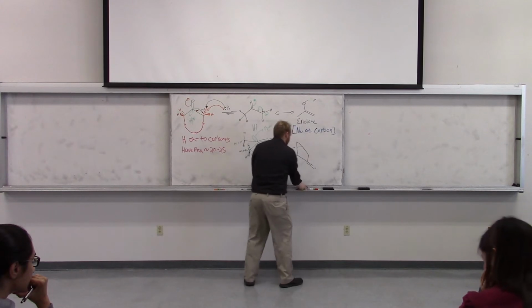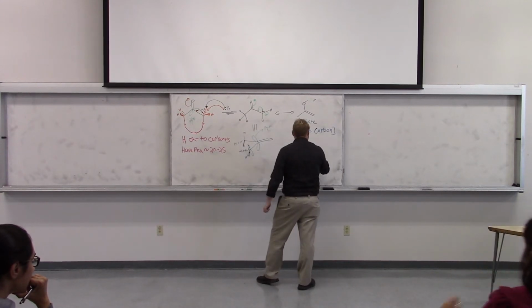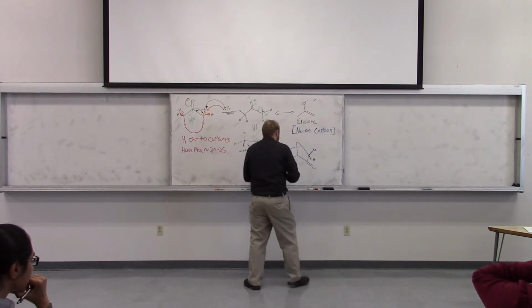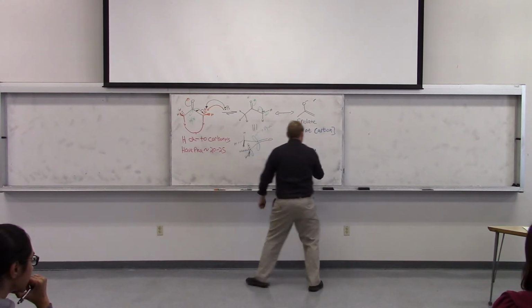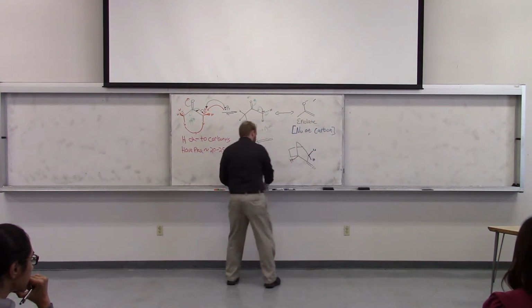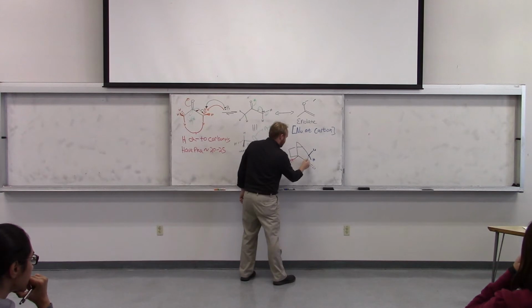And I'll draw the hydrogens, one carbon's hydrogens in blue, and I'll draw the other hydrogen in red. And let me draw the pi star orbitals.